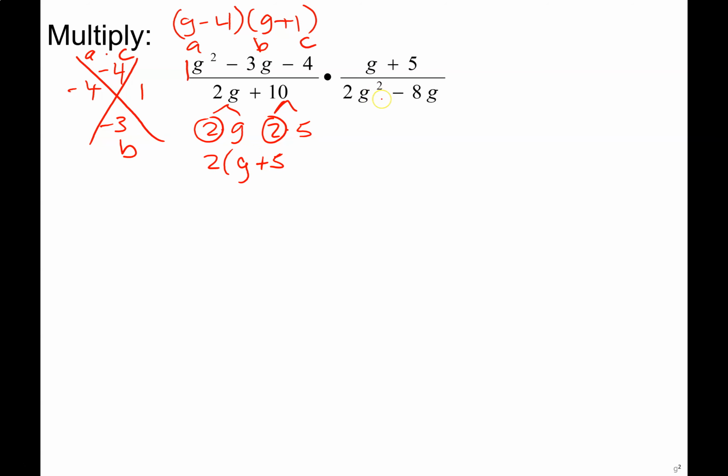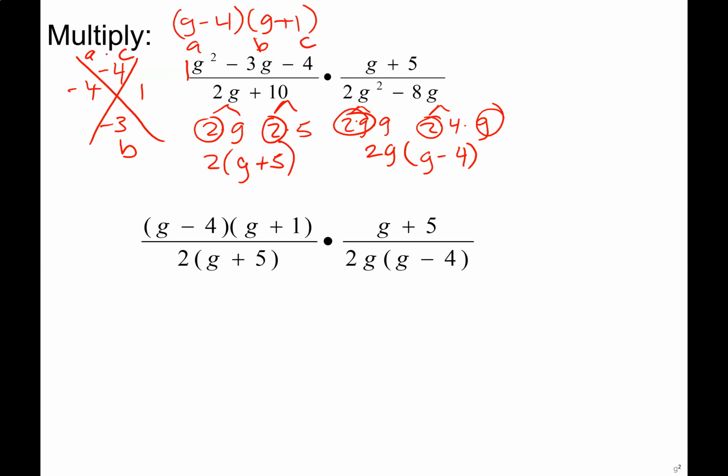Over here, yeah, it looks like I could factor out some stuff here. It looks like we have a 2 and a g in common, and so a 2g gets to come out and play, it looks like. And then inside my parentheses will be everything else that I did not circle. So everything in factored form will look like this.